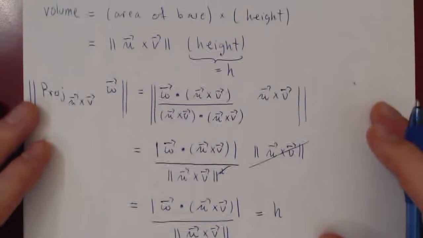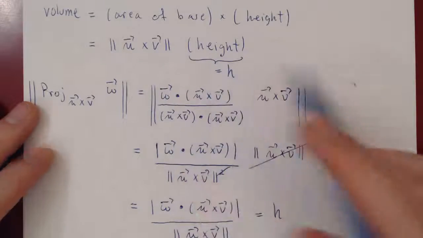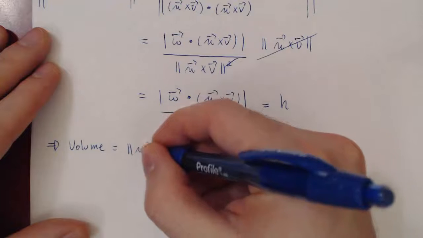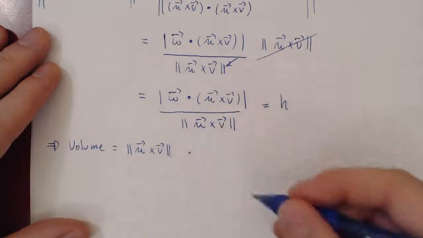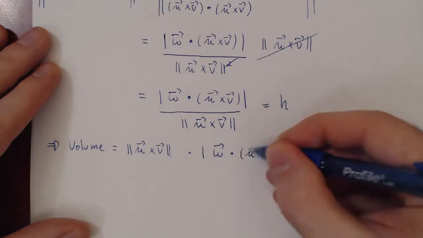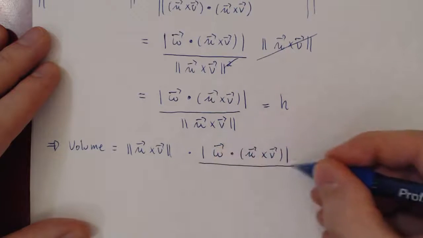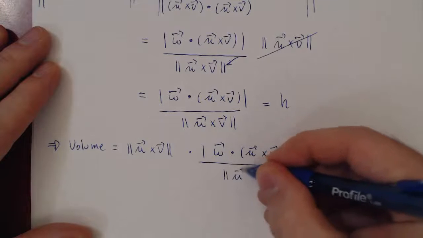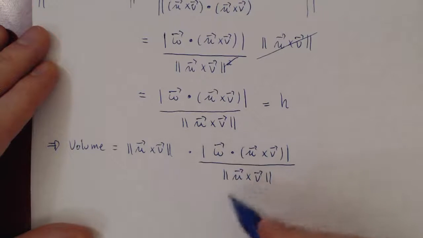As we've just mentioned, the volume was the norm of the cross product between U and V times the height, and we have the height right here. So you have the norm of U cross V times the absolute value of W dotted with U crossed with V over, and this is where things get interesting, over the norm of U cross V. Would you look at that?